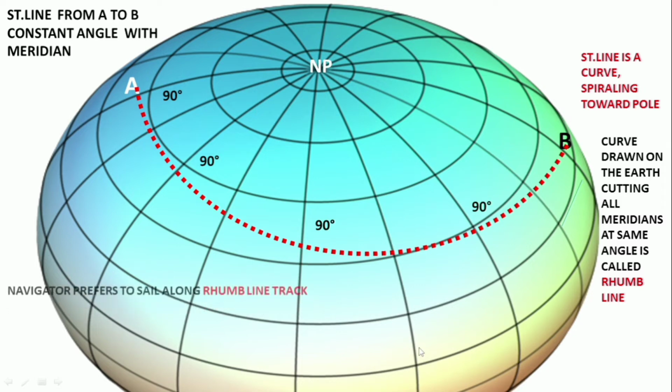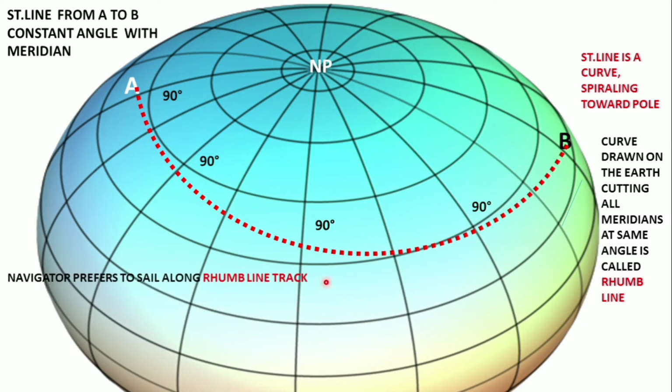And a navigator prefers to sail along the rhumb line track, as we just noticed that in great circle he'll have to alter course on and off, whereas in rhumb line he can maintain his course of 90 degrees and reach B. Now when you're sailing along your latitude, that would be a rhumb line track as well as parallel sailing.